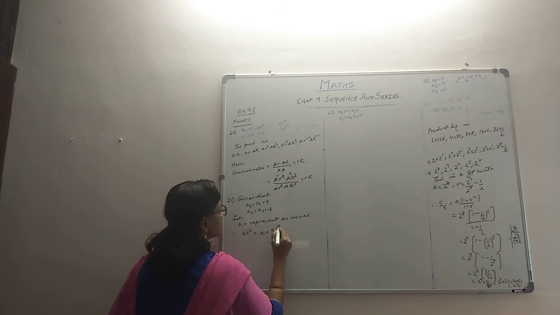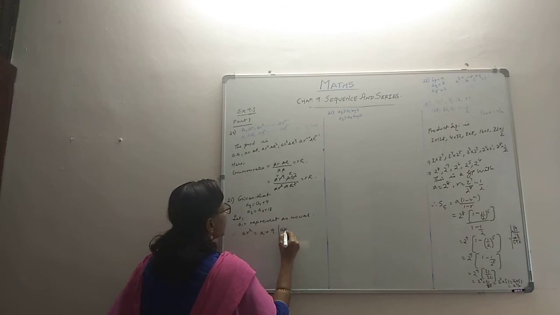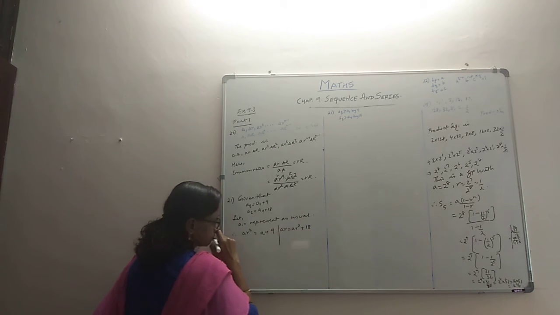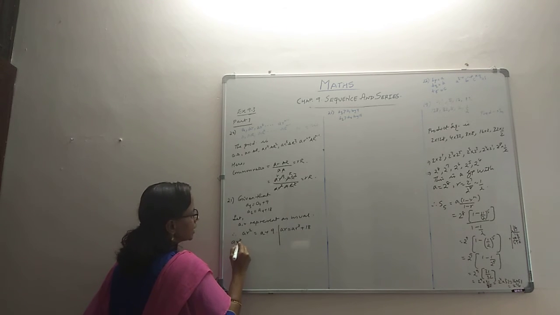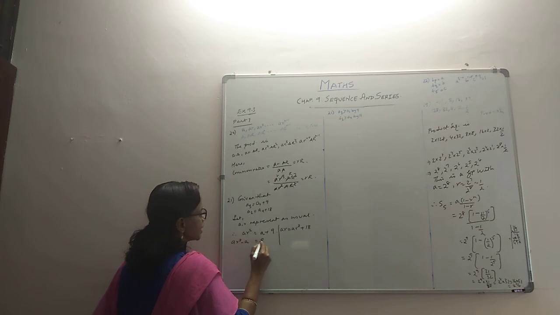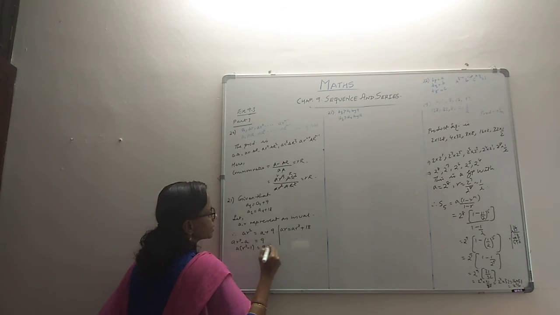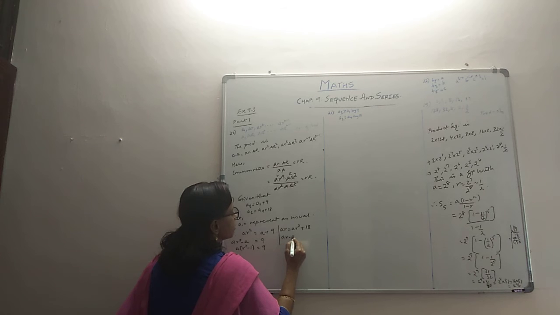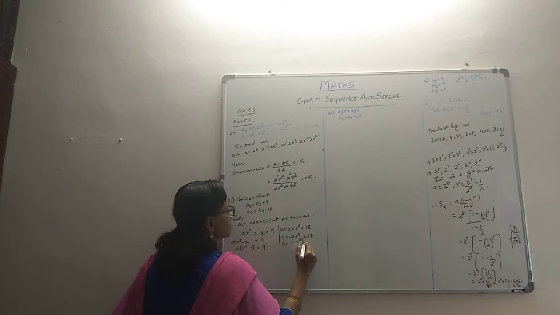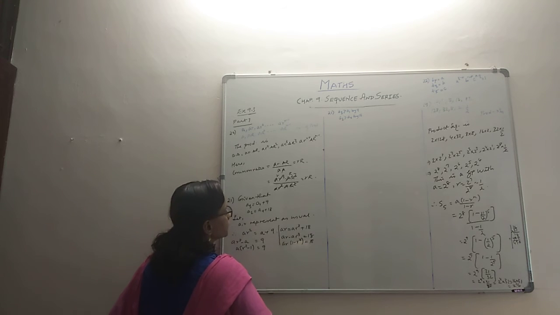And in the next case it is ar equal to ar cube plus 18. If we have it on one side, ar squared minus a is 9, which means it's a times r squared minus 1, which is 9. If we have it on one side, ar minus ar cube, which is 18, or rather ar times 1 minus r squared, which is 18.